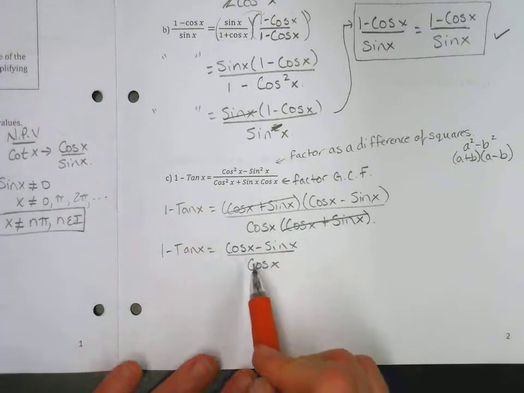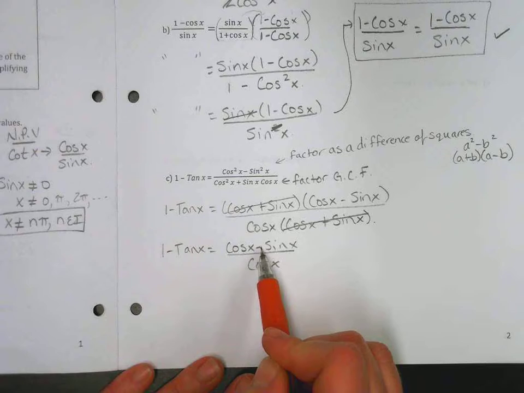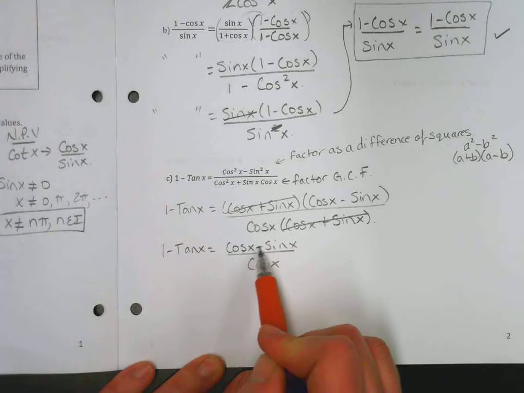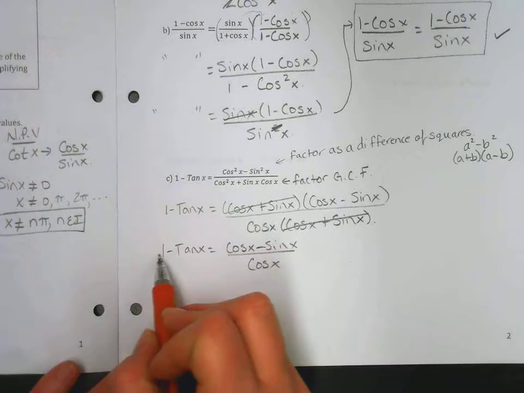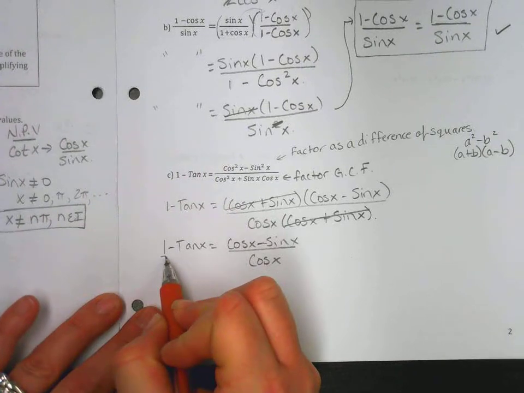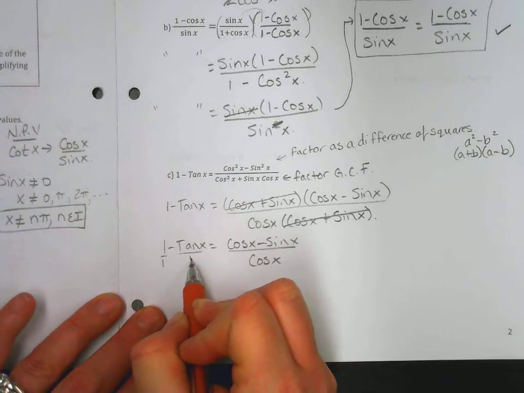Okay, I cannot cancel these cos of x's because we have a minus sign in between these values. We can only cancel across multiplication or division. So my next step, again, I don't see any double angle identities here, or sum and difference identities, so we're kind of at a standstill again. But what I am going to look at is over here, I technically have two fractions occurring.